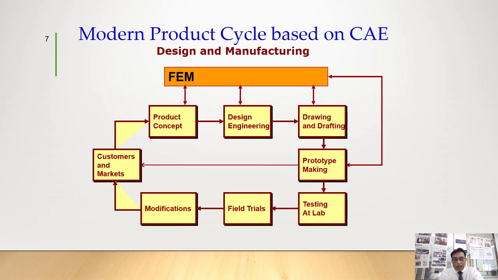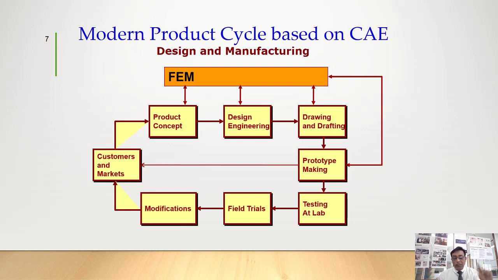So this is the modern product cycle based on CAE design, and what is FEM in day-to-day life. In the old cycle, without FEM, the first step is the customer demand, then the product concept, then the design engineer makes the drawing and drafting, then a prototype model is prepared, then testing at the lab, then field trials, then modification, and again sent to the market, and then you get the customer feedback.